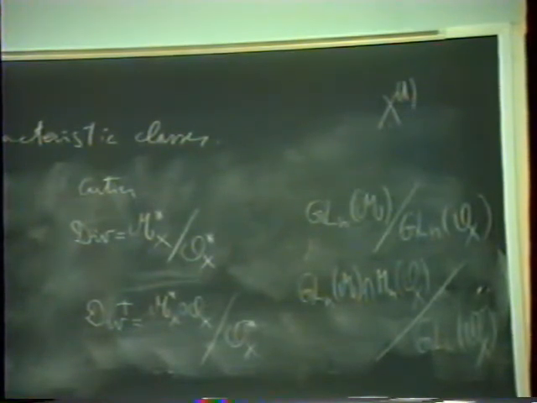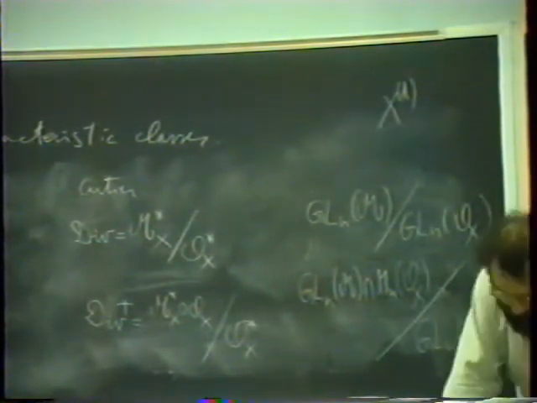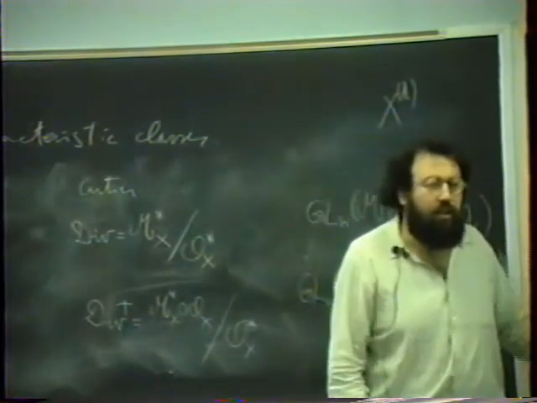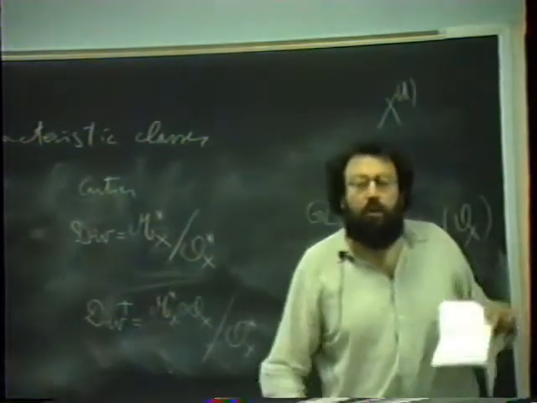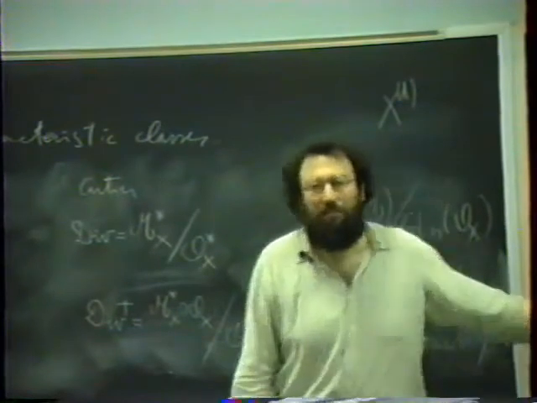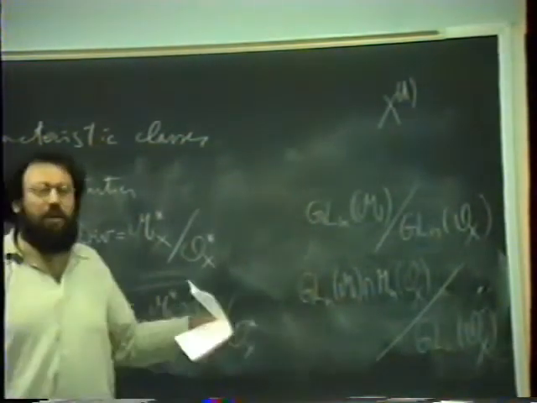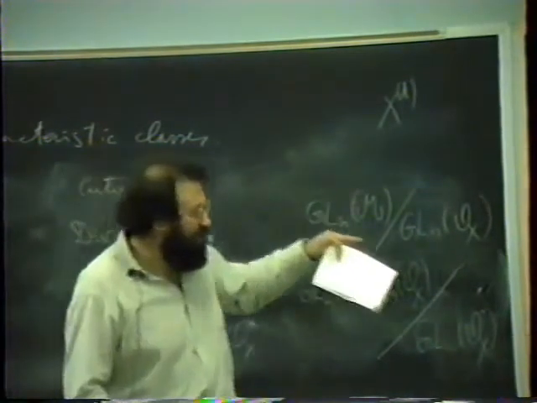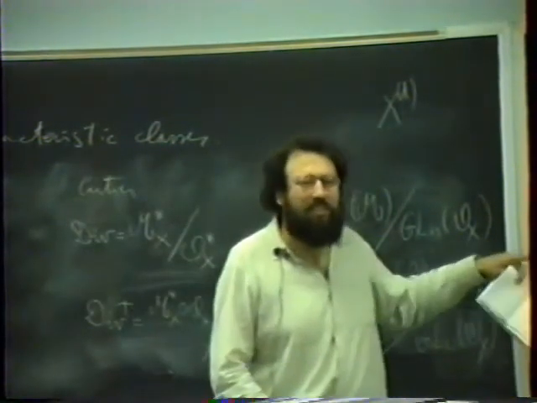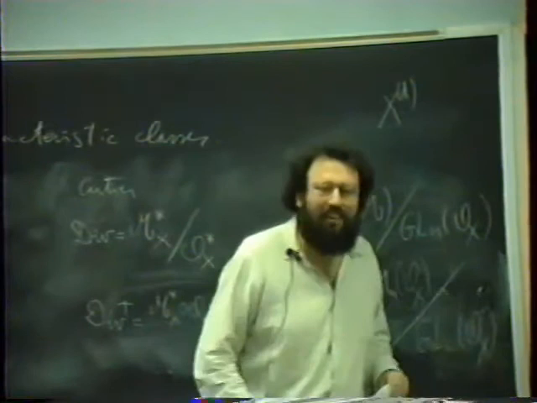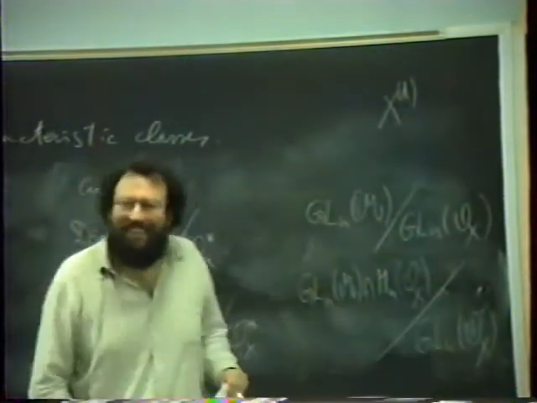And those quot spaces have nice properties, and one can compute the Betti numbers and so on. What kind of spaces? Quot spaces. I'm referring to my previous lecture. Unfortunately, my problem is that I still have something else to say, which I think is more interesting, and will wrap it all up, I hope.